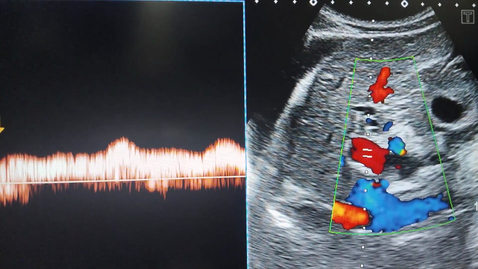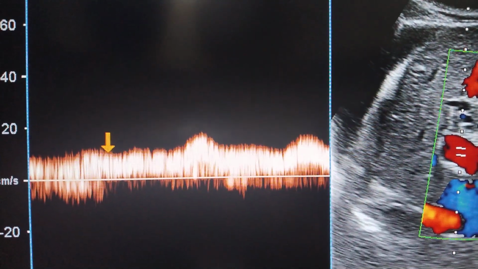And this is the waveform of the portal vein.